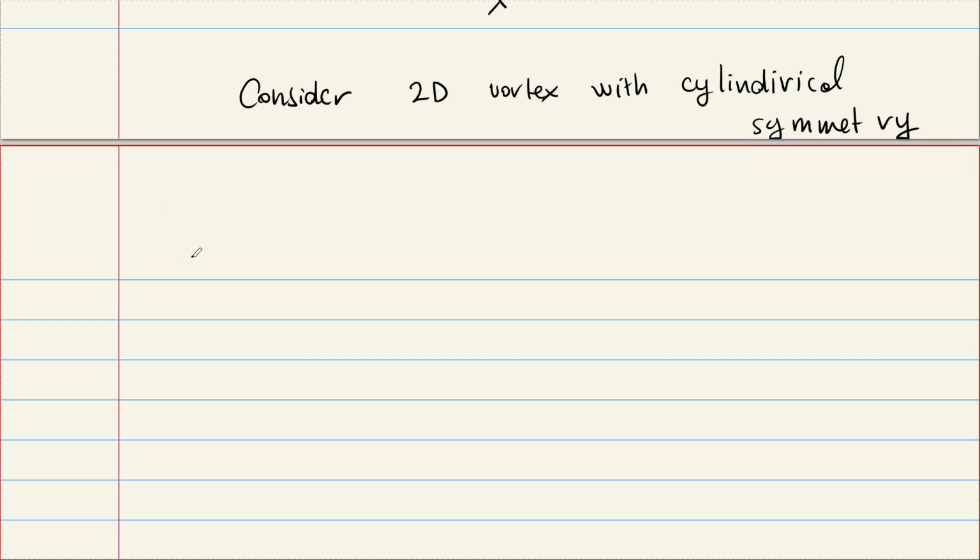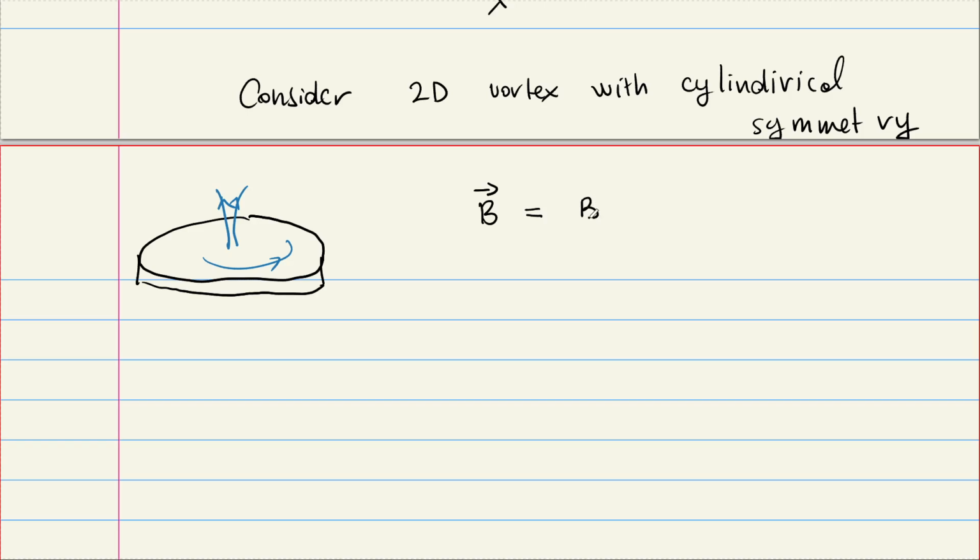What I mean is, if you want a 2D system, maybe the width is not very important, and here I want to put a vortex like this, and I want to have this two-dimensional rotational symmetry. In that case, this B vector is going to be some B which may depend on r, but its direction is going to be z, and all other components are going to be 0, right?